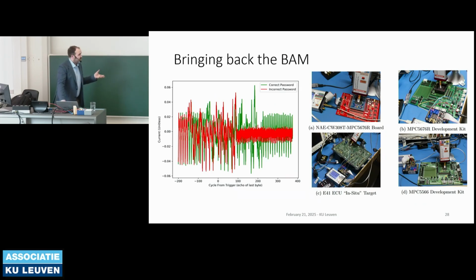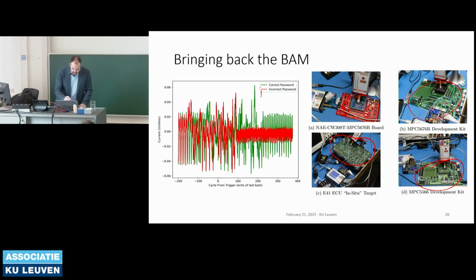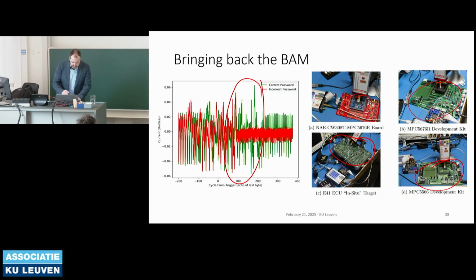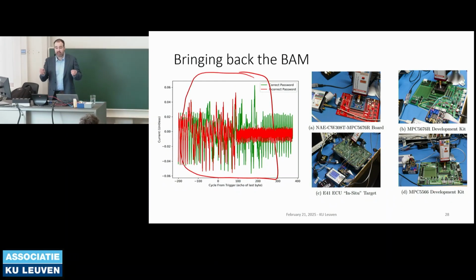Another example was on an automotive ECU, which is here, which was also demoed on some of the same chip in different scenarios. The point of this was that I had that password location identified with power analysis. So I knew somewhere in here, the device is doing something with my password check.